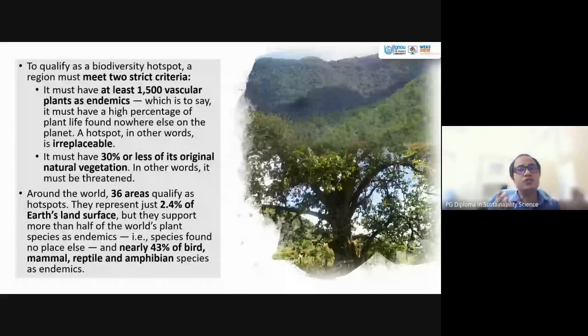These areas support more than half of the world's endemic plant species and 43% of endemic bird, mammal, reptile, and amphibian species. But only 2.4% of Earth's land surface represents half of the world's plant species, right?